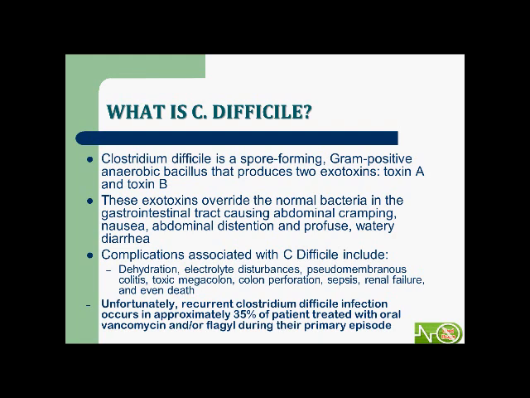And unfortunately, the problem with Clostridium difficile is there is a 35% chance of reoccurrence of this happening over time, and that causes this overall problems with C. difficile infection to be a perpetuating problem if not appropriately treated.